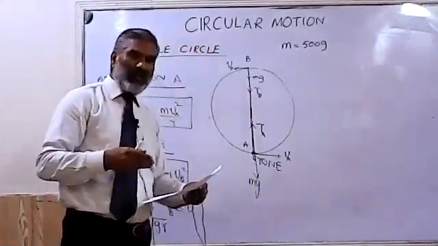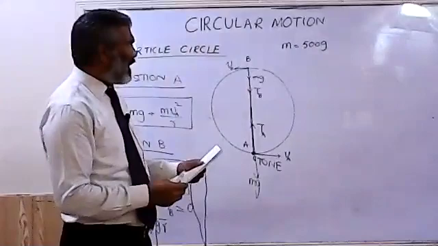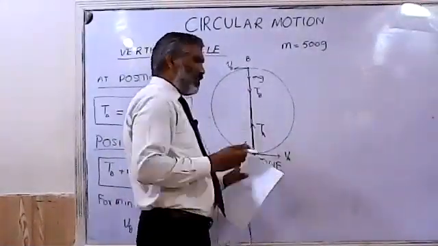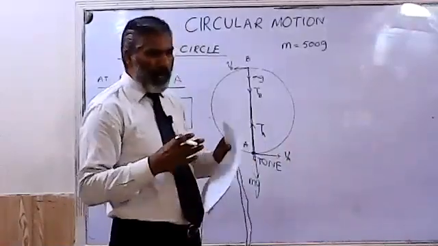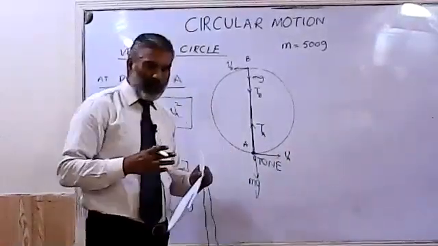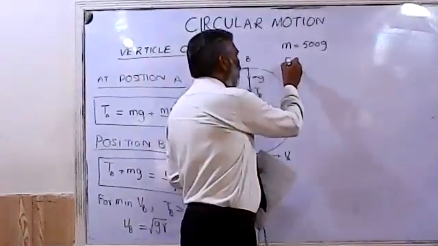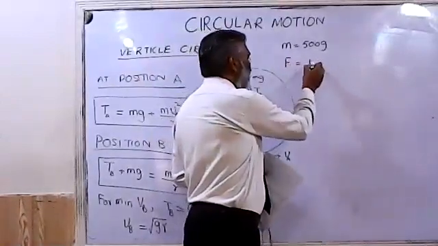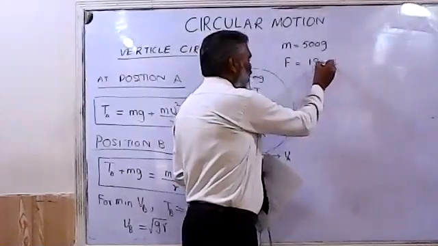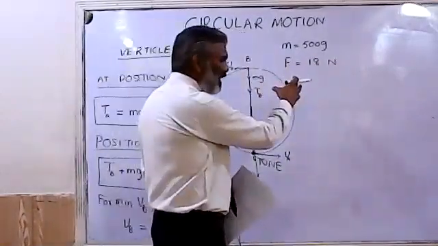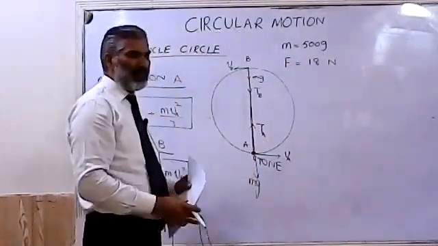and it is stated in the question that this stone, tied to one end of the rod with a glue, can withstand a maximum force equal to 18 Newton. And if that exceeds 18 Newton, it snaps.